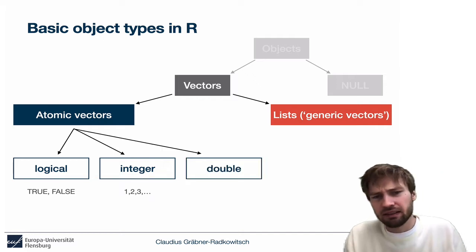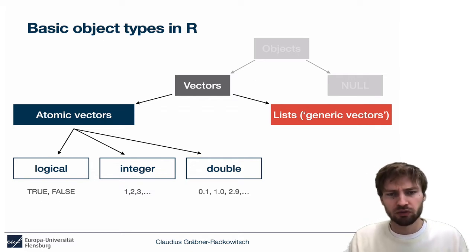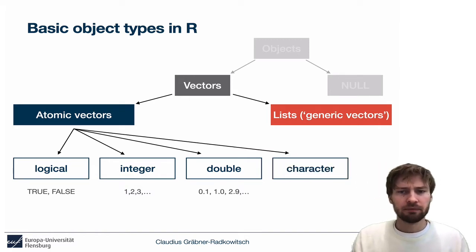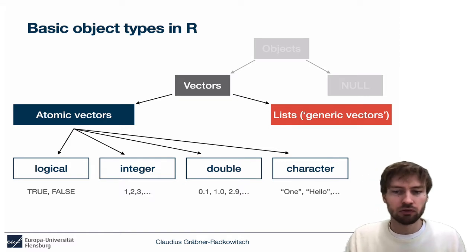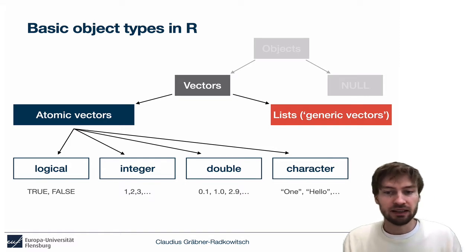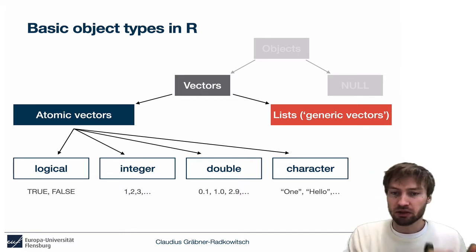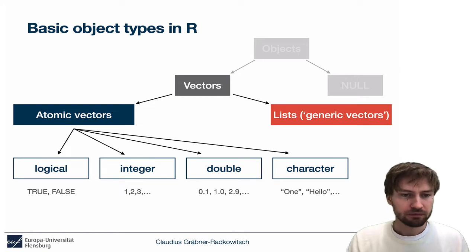Doubles is basically the same as decimal numbers, like 0.1, 1.0, 2.9, etc. And then there can be characters, like words or tokens, like one or hello, things like that. What distinguishes them from others are the quotation marks at the beginning and the end of the token.